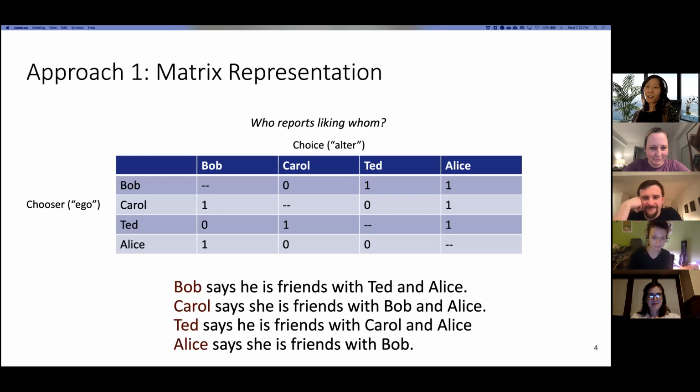But there are also alternative representations as well. And all of these convey similar amounts of information, like thinking about it in terms of an adjacency matrix of ones and zeros, where a 1 represents a friendship and a 0 represents the absence of a relationship. And that's another way that you can think about representing this kind of data.